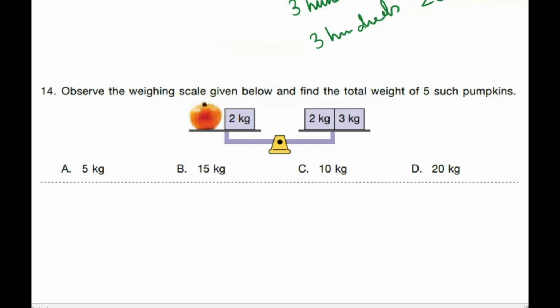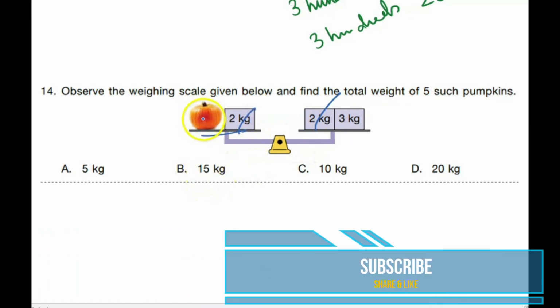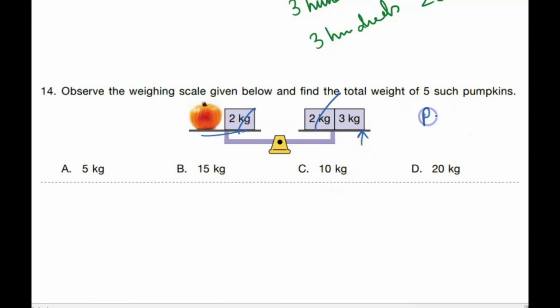One pumpkin plus 2 kg gives us 2 kg plus 3 pumpkins. So, 1 pumpkin plus 2 kg is equal to 2 kg plus 3 pumpkins. If we remove the weight of 2 kg from each side, we will have 1 pumpkin left and 3 kg left. That means the weight of 1 pumpkin is 3 kg.